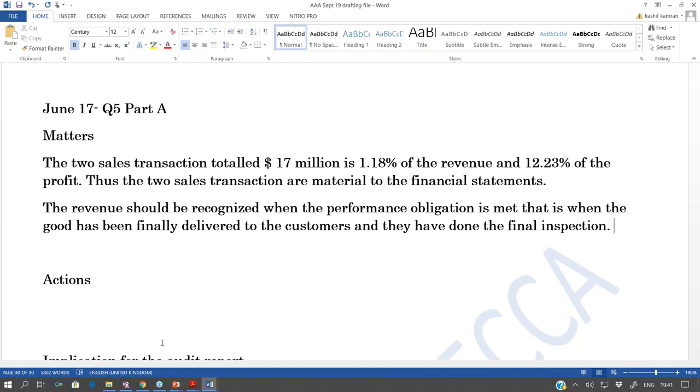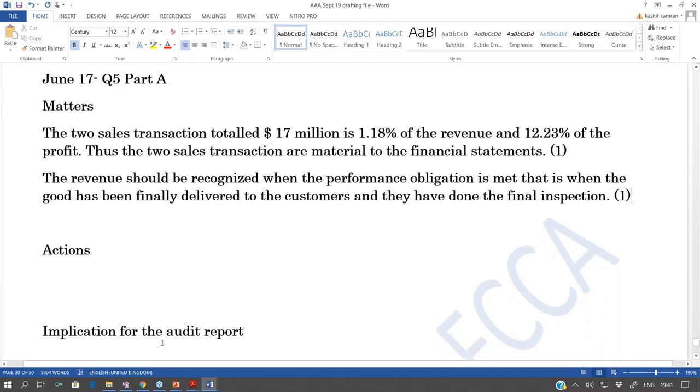So the revenue should be recognized when the goods are finally delivered to the customer and they have done the final inspection, right? So we got the 2 marks, one for materiality and one for the accounting treatment, right? That ends the story. Okay.